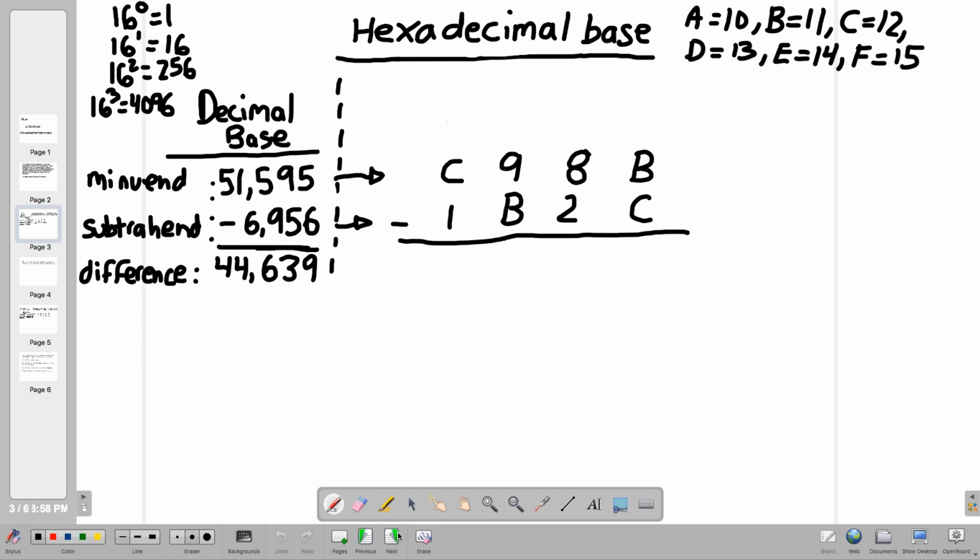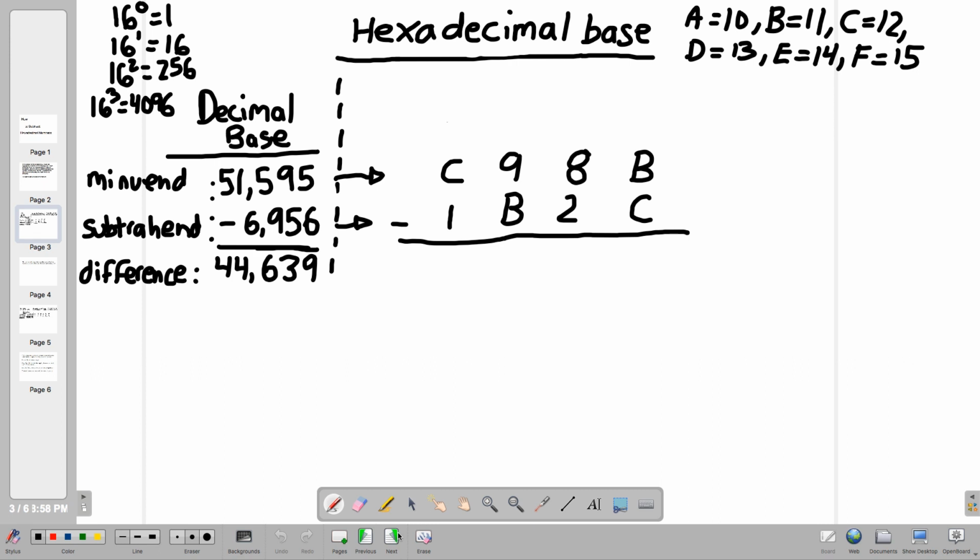I have some notes up to the left. We're going to need them because we're dealing with hexadecimal numbers. 16 to the 0 power is 1. 16 to the 1 power is 16. 16 to the second power is 256. 16 to the third power is 4,096. Also, some other notes to the right.